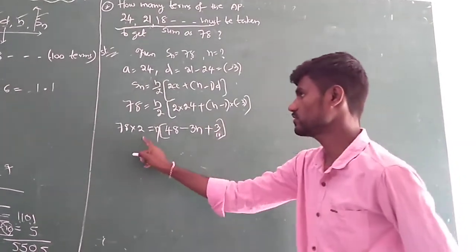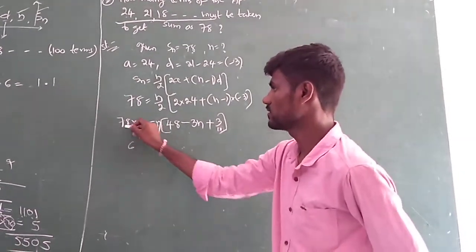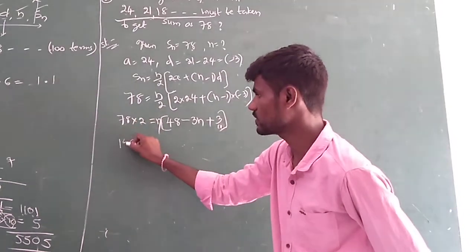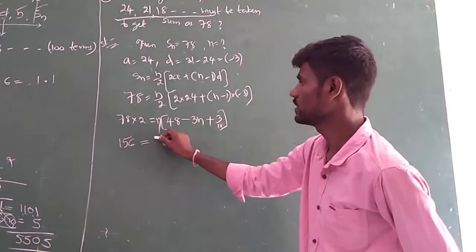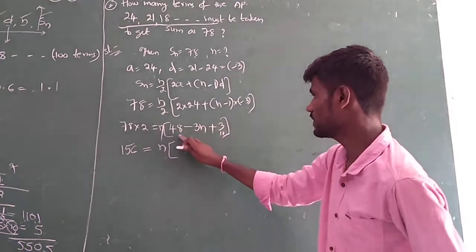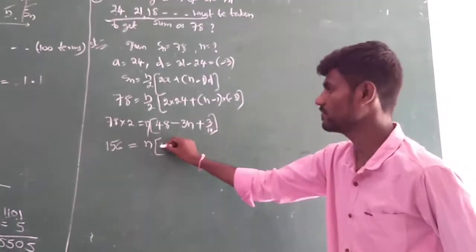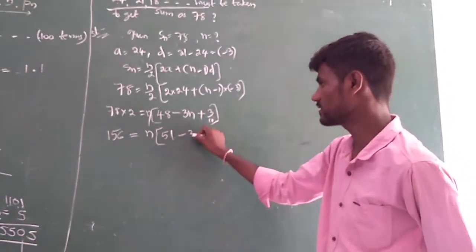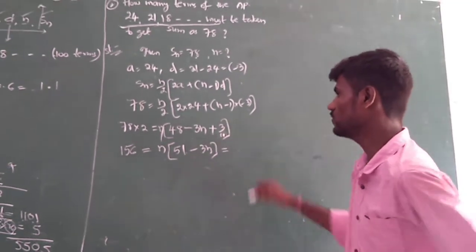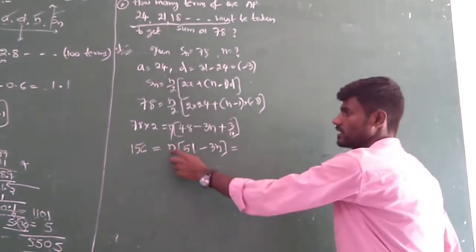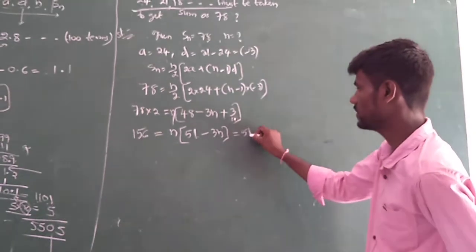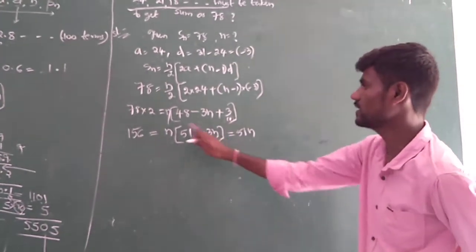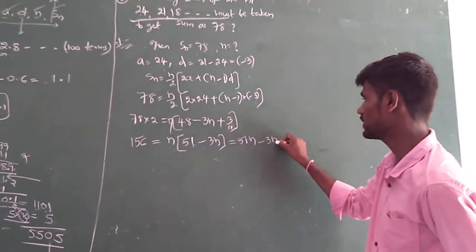Now, 78 into 2: 2 8s are 16, 1 carry, 2 7s are 14 plus 1, 15, so 156, equals n as it is times (48 plus 3, 51, minus 3n). Now with the n we need to multiply: n into 51 is 51n, minus 3n into n, minus 3n square.